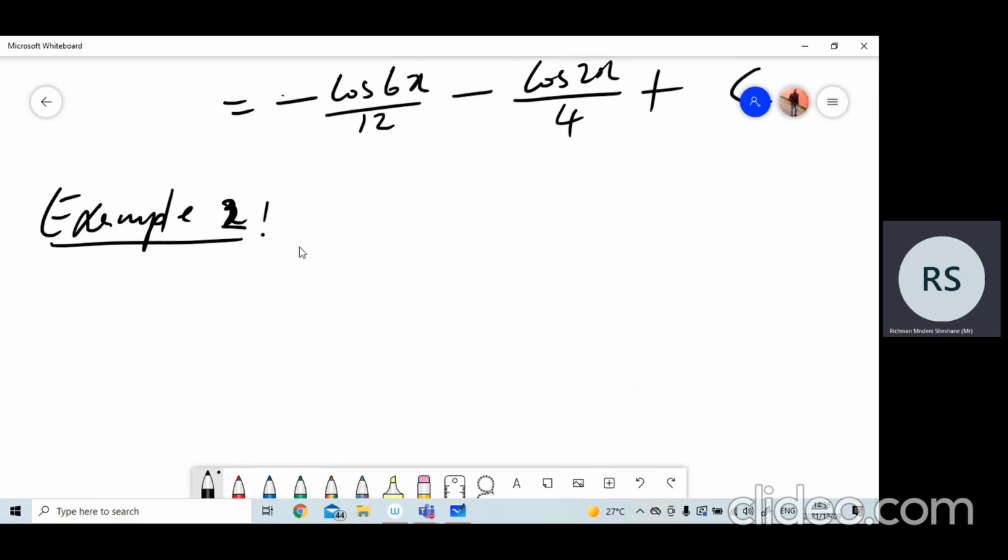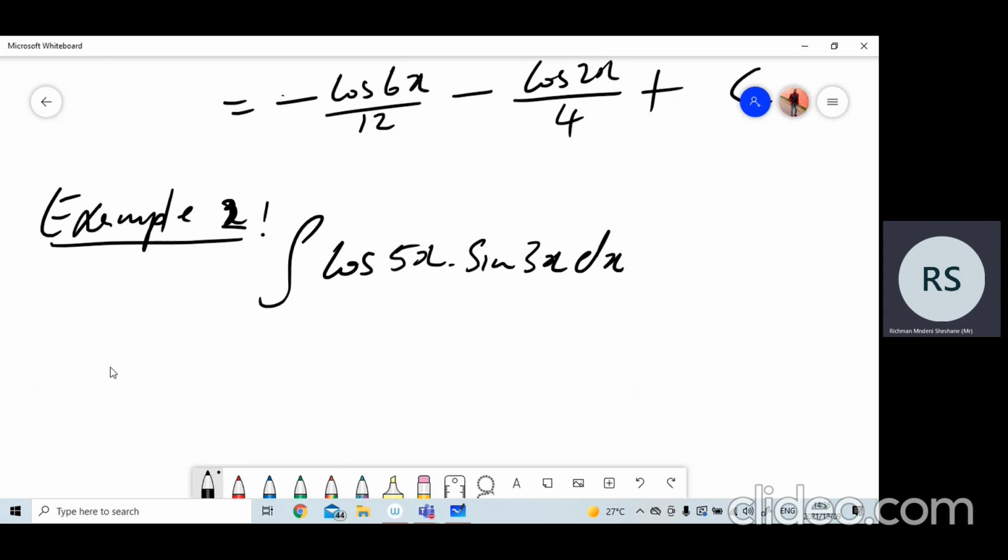Let's say we want to integrate cos of 5x times sine of 3x dx. Again, we want to integrate the product of sine and cos.